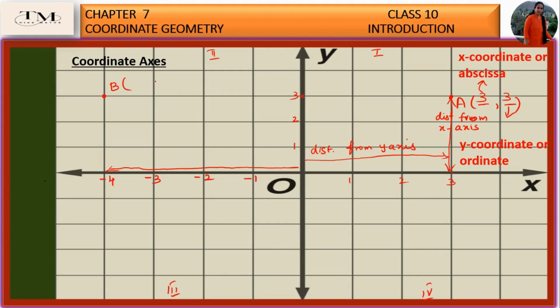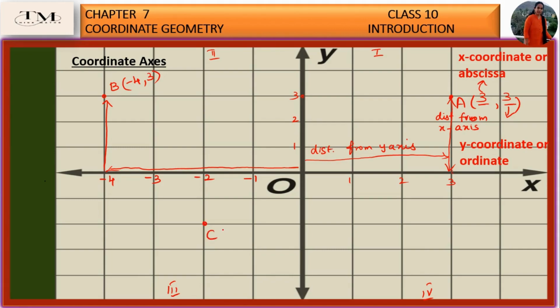This point is exactly at -4. So the x coordinate is -4, and this vertical line is moving upwards. If it moves upwards, it is positive. So it is at 3. So this point is -4, 3.